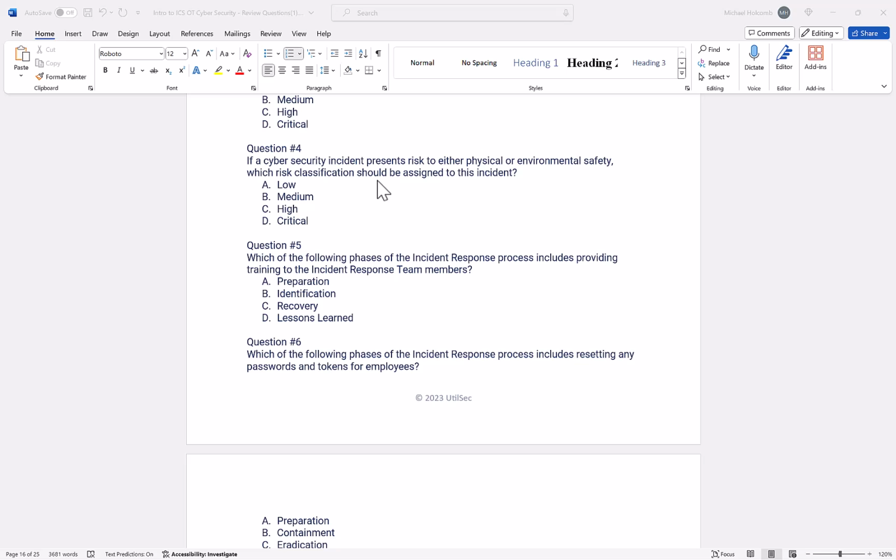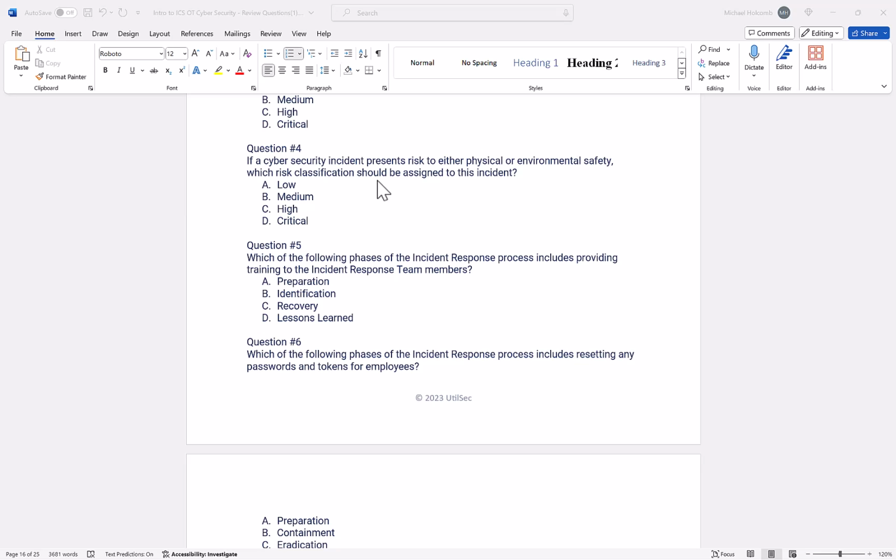So again, if physical security or environmental safety is ever a question, it's impacted. It's critical.